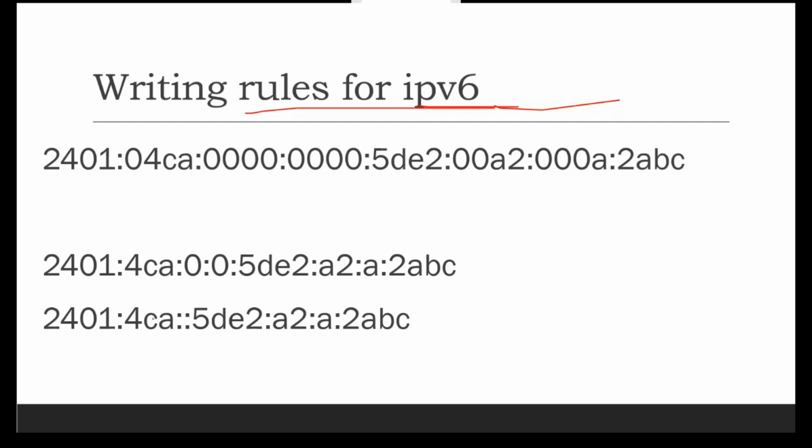Meaning if you have 0000, then 00, after that again 00, this one, then after that 5, then 5D, then 000, after that 5DE2 and then 00, this one.